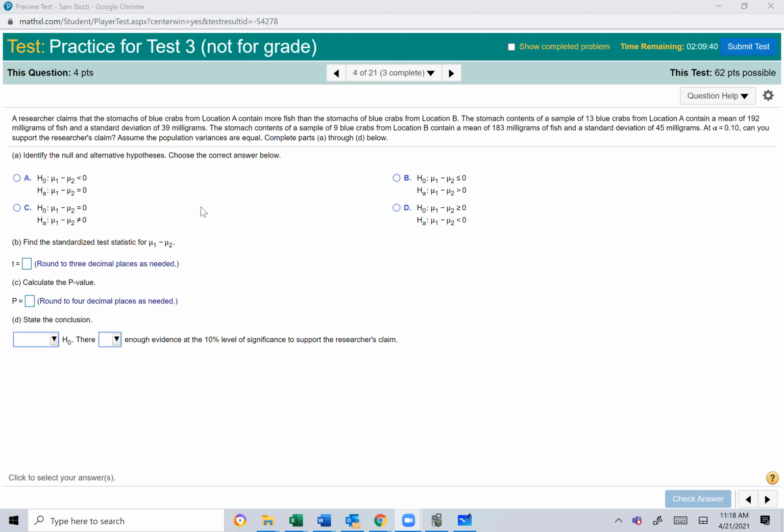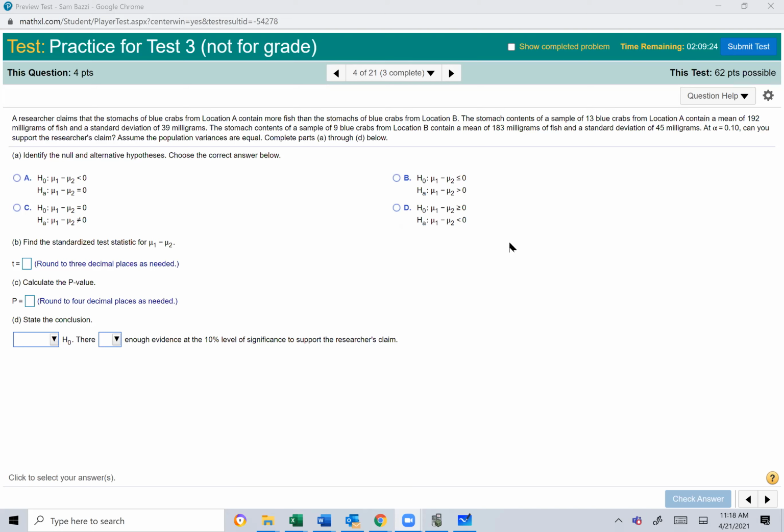Look, follow the signs, guys. Don't follow mu1 minus mu2. It's the same thing as mu1 less than mu2 or mu1 greater than mu2. So which one do you think will be the null and the alternative?